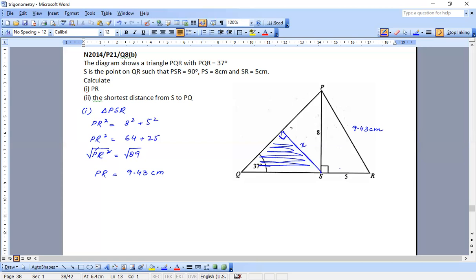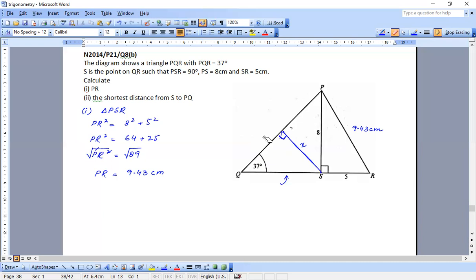I would have used it if I had known one of the sides of this right angle triangle which I've just constructed. I can find out the value of x if I knew this, or maybe if I knew this part, but I do not know any one of them. So the first thing that I must do is to find out the length of QS somehow, or maybe the length of QP.